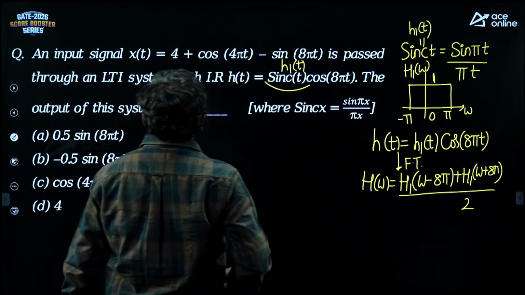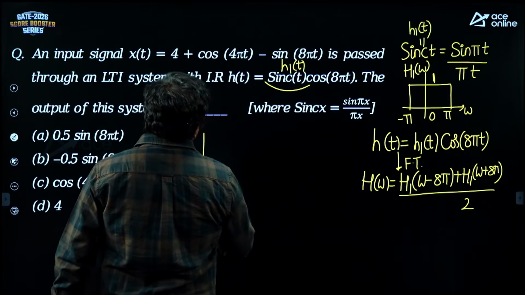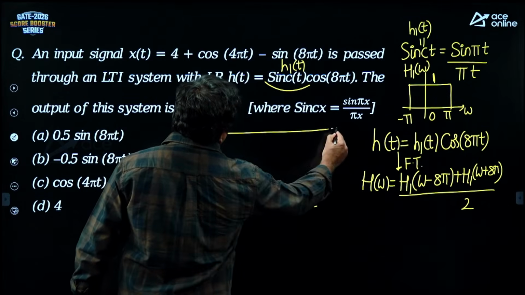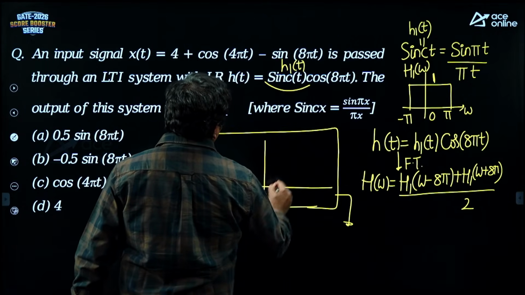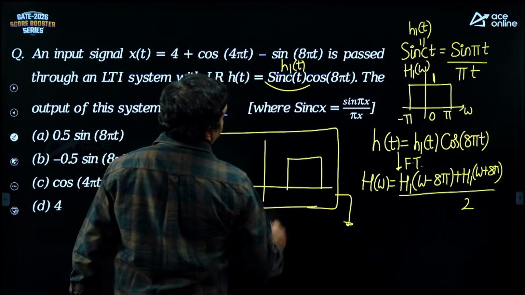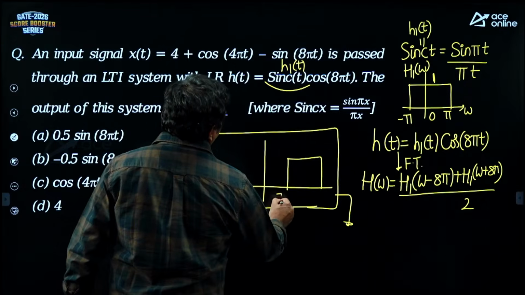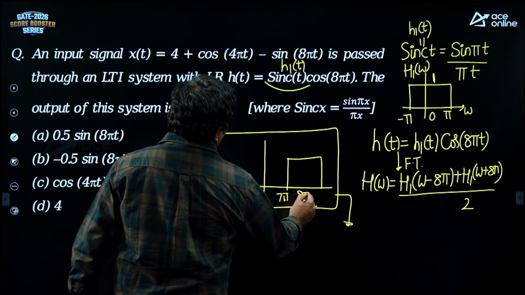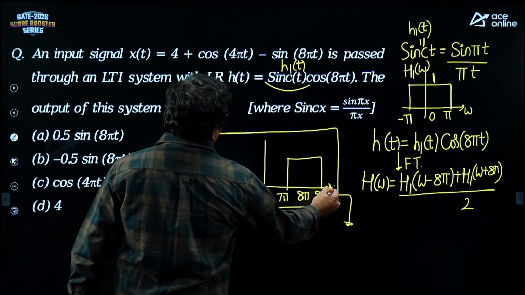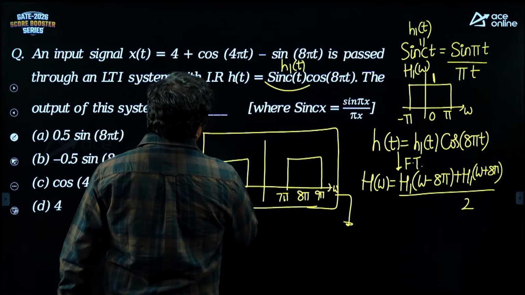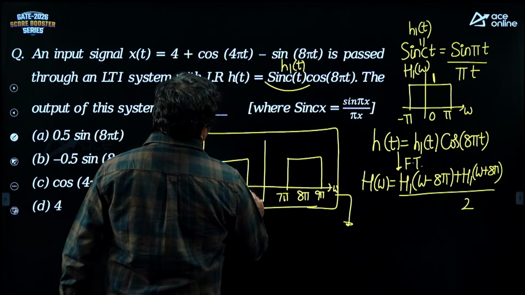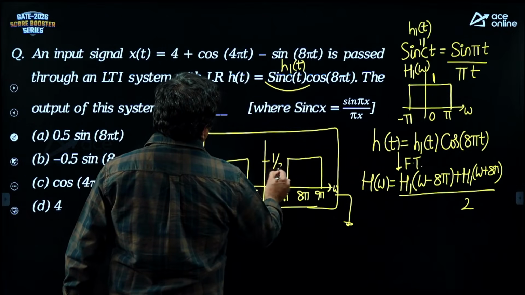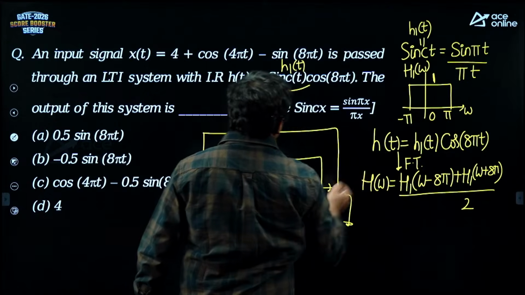So indirectly, we are shifting that spectrum right and left by 8 pi units. What is the range it is covering? 7 pi to 9 pi, and minus 9 pi to minus 7 pi, with amplitude of 1 by 2. Originally 1, extra scaled by 1 by 2.